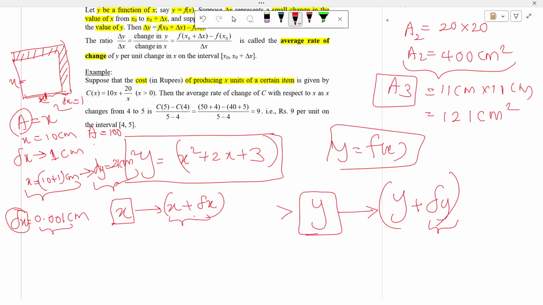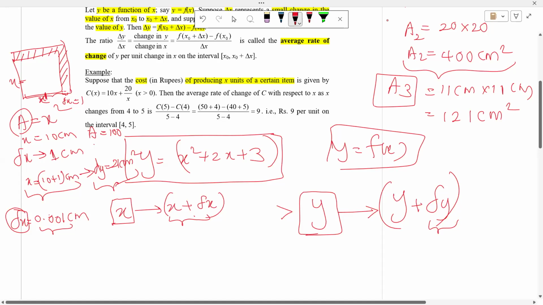Now, what will happen if you have a function, one is a dependent variable, another one is an independent variable, right? If you do a small change on your independent variable, because of that change, your dependent variable also has some increment or some change, right? So if you find out the difference between the changes, delta y over delta x, that is called differentiation, right?